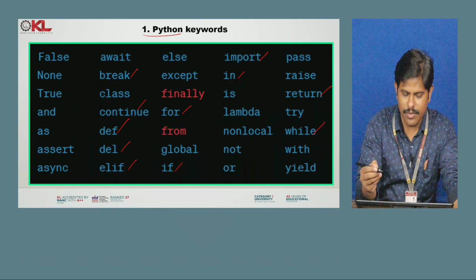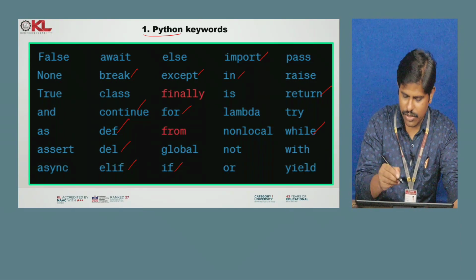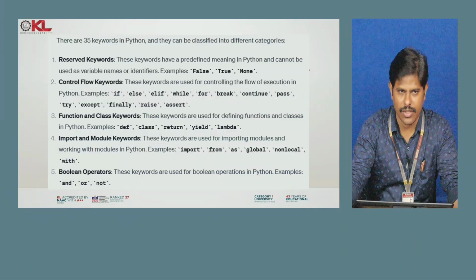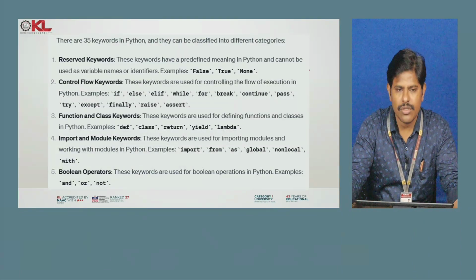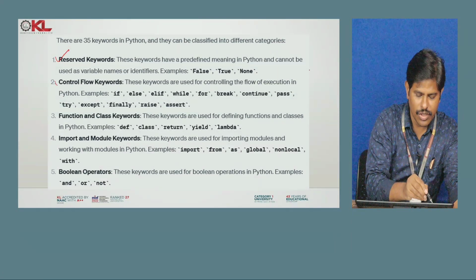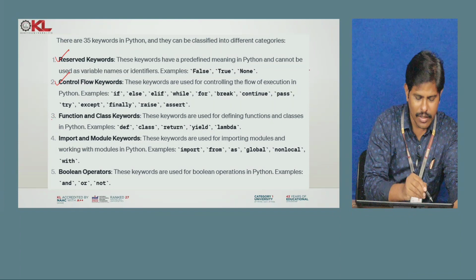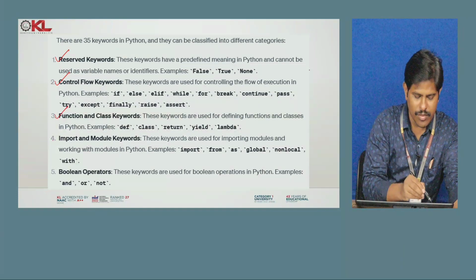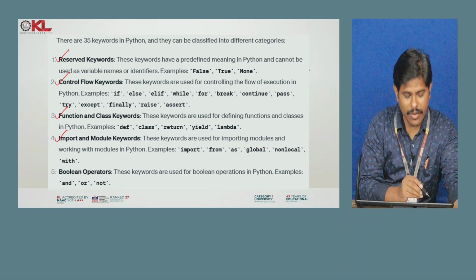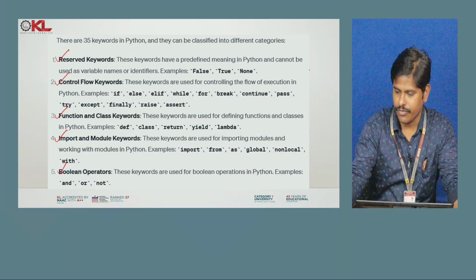Break, continue, except, and all these things we use in while statements and for loops. These are some of the Python keywords you regularly use in bioinformatics programming. You can call them reserved words, control flow keywords, function and class words, import and module keywords, and some of them Boolean operators.